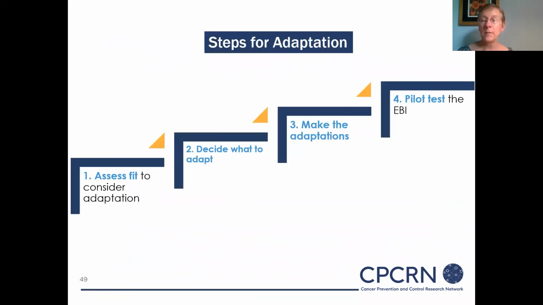All right. So we're going to end off with a very brief discussion of adaptation. Adaptation is most relevant if you're using a research-tested intervention, and that's because those are designed to be used as a package.